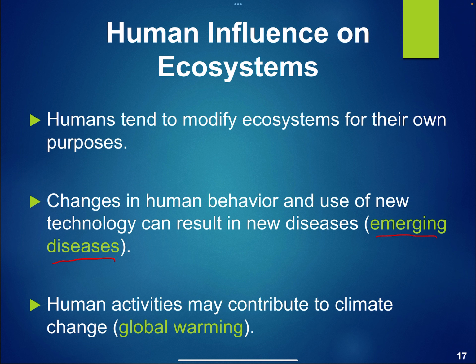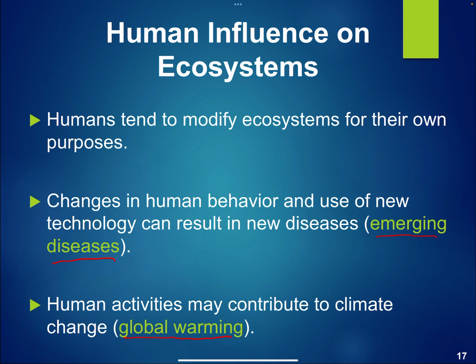Today, we see emerging diseases. These emerging diseases sometimes occur because of our impact on our environment. We talk very much about global warming today, and we think that a huge production of carbon dioxide causes an increase in the global temperature.